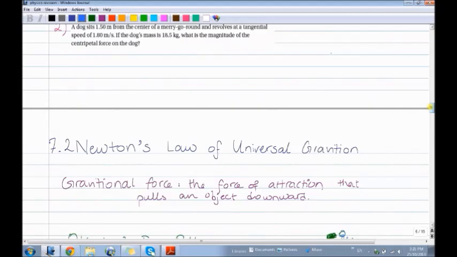Now another question. A dog sits 1.5 meters from the center of a merry-go-round and revolves at a tangential speed of 1.8 meters per second. If the dog's mass is 18.5 kilograms, what is the magnitude of the centripetal force on the dog? Let's take out the givens: radius equals 1.50 meters, the tangential speed is 1.8 meters per second, and the mass is 18.5 kilograms.